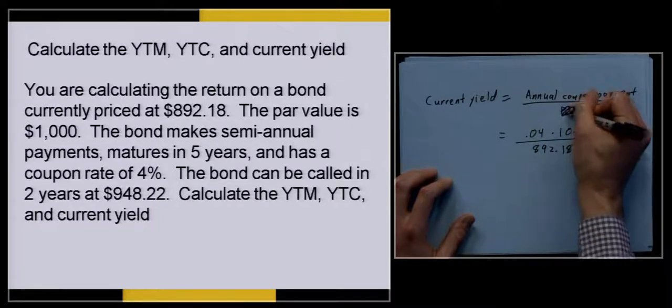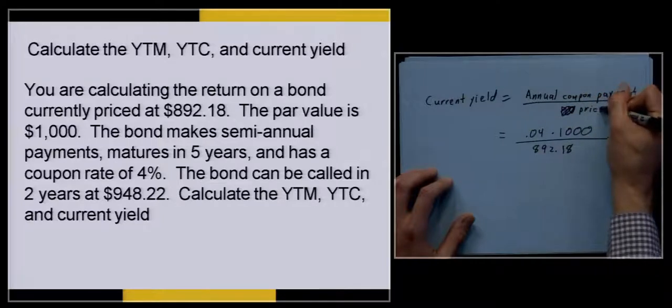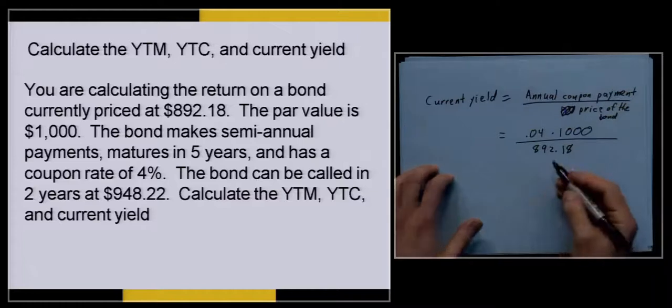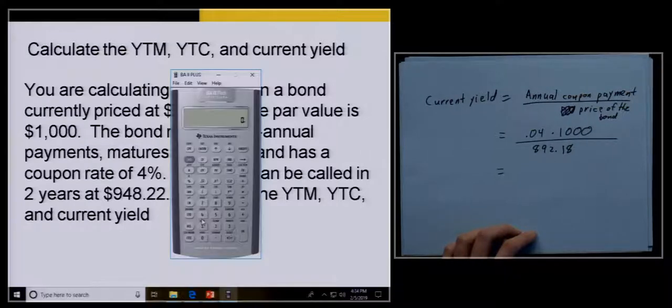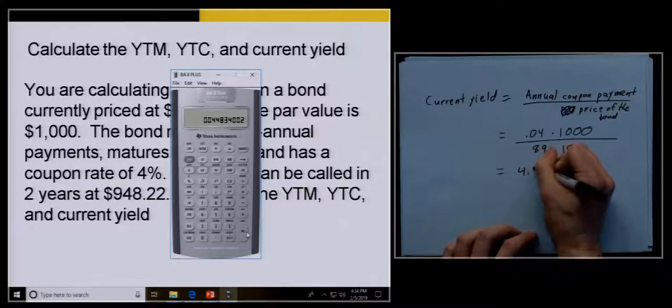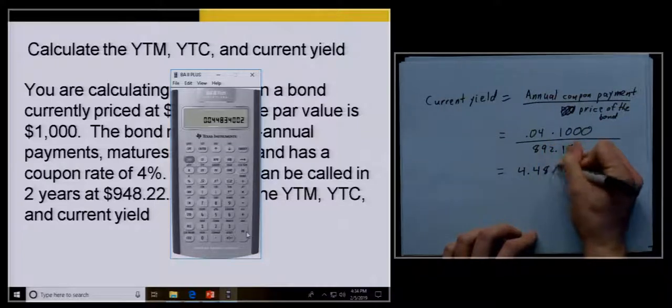Our present value is just going to be 892.18. Or I should say, let's just call this the price of the bond, so that way we don't have to worry about this being a negative or a positive. So if we wanted to buy this bond today, it'd be $892.18. So we'll just solve for our current yield. 40 divided by 892.18 gives us a current yield of 4.48%.